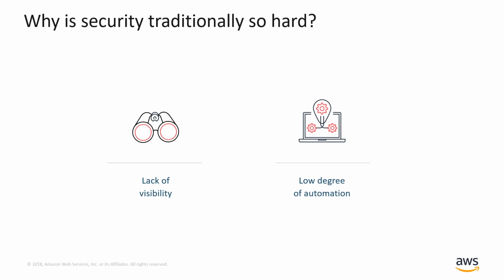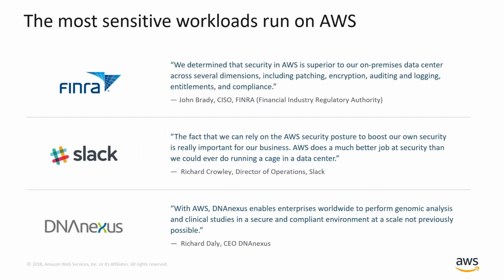AWS's scale allows us to make significantly more investments in security policing and countermeasures than any large company can afford themselves. Hence, some of the most security-sensitive workloads run on AWS today. REI states that their AWS security is far superior compared to their on-premises across several dimensions, allowing them to do patching, encryption, and auditing using cloud best practices.